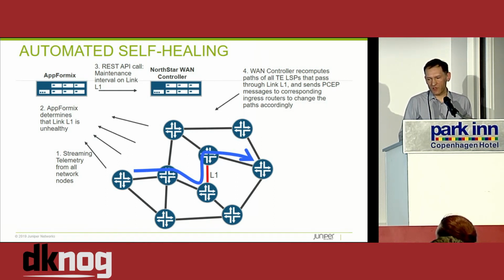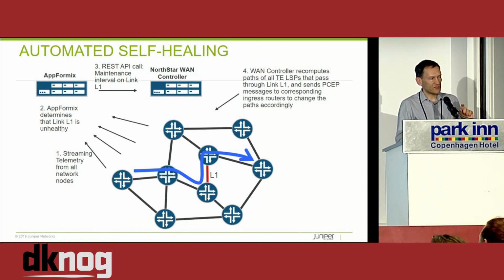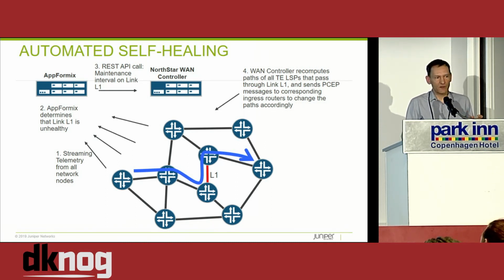The way the workflow shown on the slide works is that once one of these systems detects such a grey failure, by looking at streaming telemetry data pertaining to either node internals or attributes of a link, like obscure error statistics like L3 incompletes and things like that, and it's determined that the link's unhealthy, it sends a REST API call to the WAN controller, which is called NorthStar in our case. And it says to the WAN controller via this REST API call, this link, L1 in the example, I want you to create an immediate maintenance interval on that link.